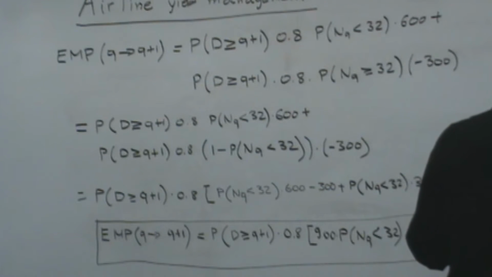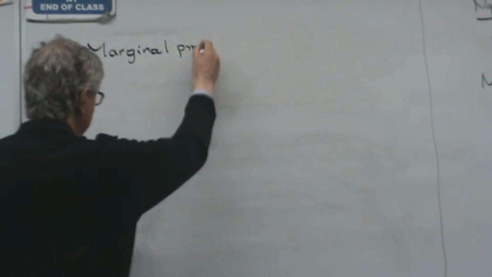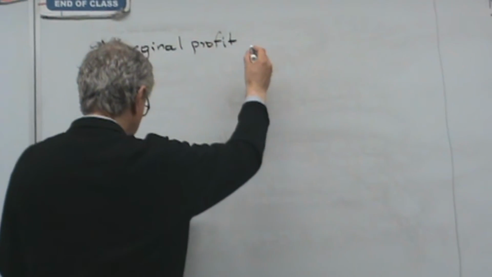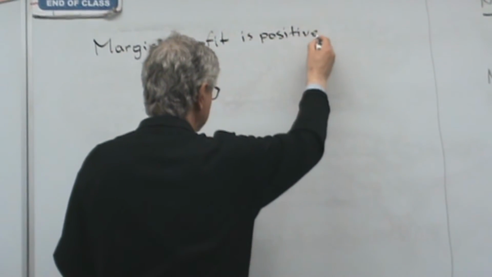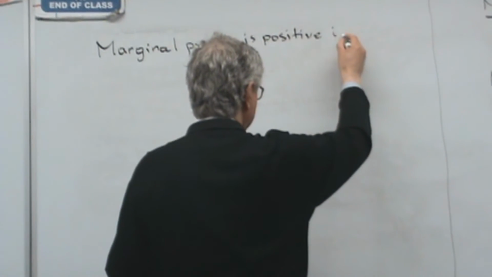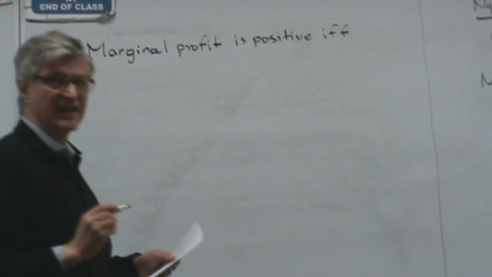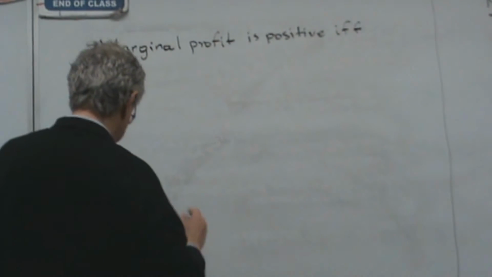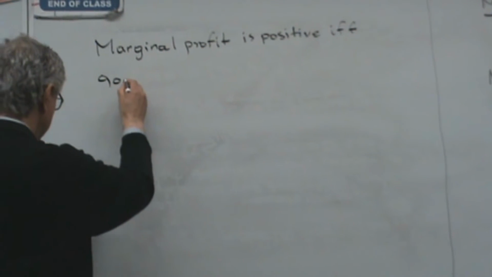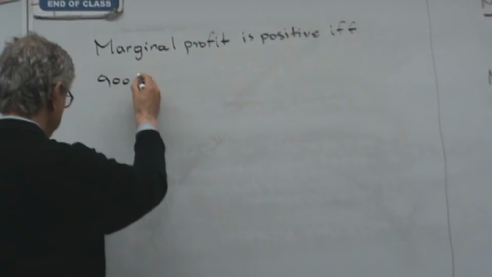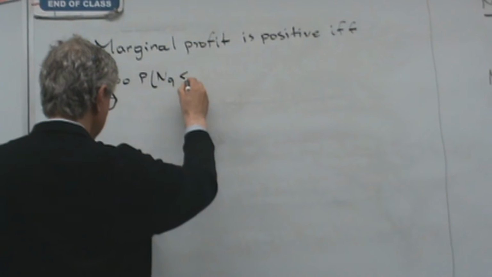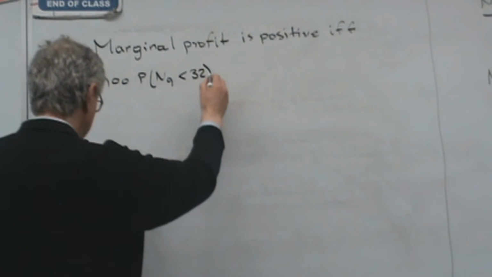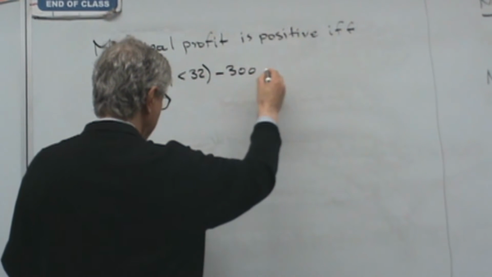So, marginal profit is positive if and only if 900 times the probability of NQ less than 32, minus 300, is positive.